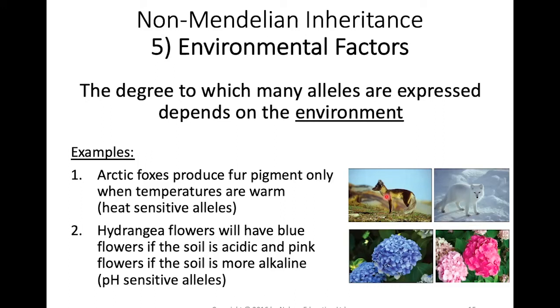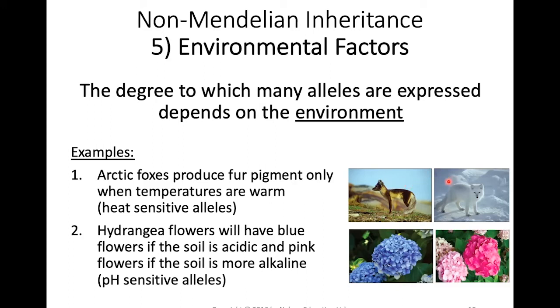The only time that the alleles for fur color are going to be producing pigment is when the temperatures are warm. And when the temperatures are cold again, the alleles that produce that fur pigment are going to be turned off. And so the Arctic fox then does not have any pigment and is able to blend in with its environmental surroundings. And you can see here how this adaptation would play such a huge role in the survival of this species.